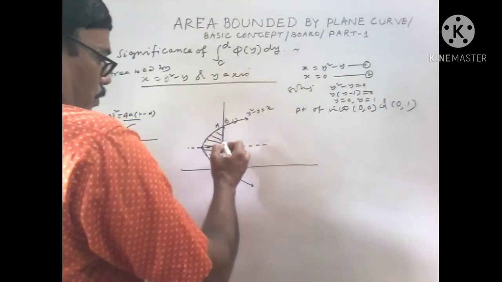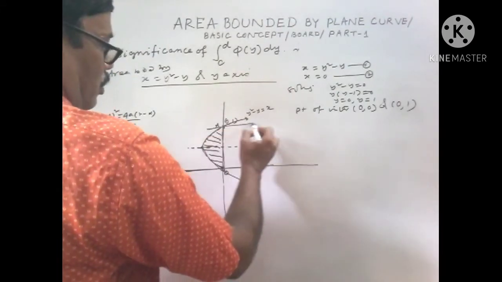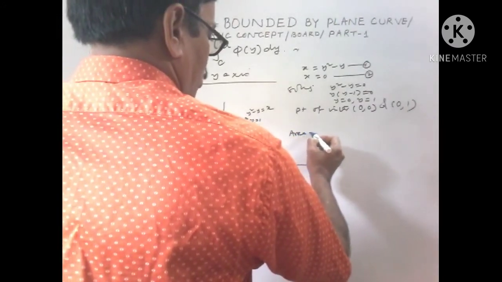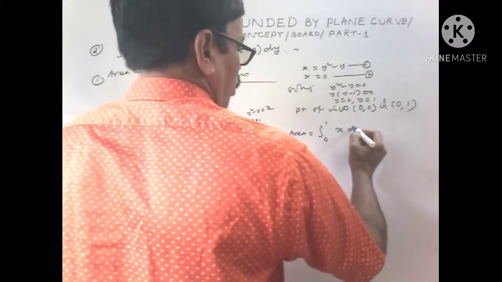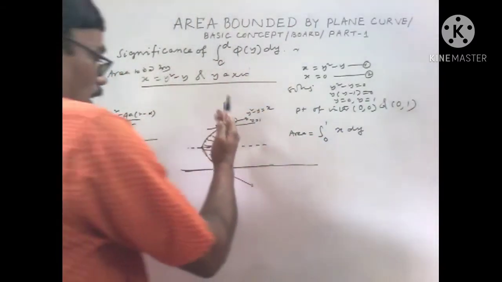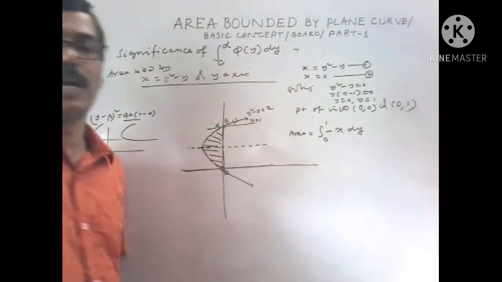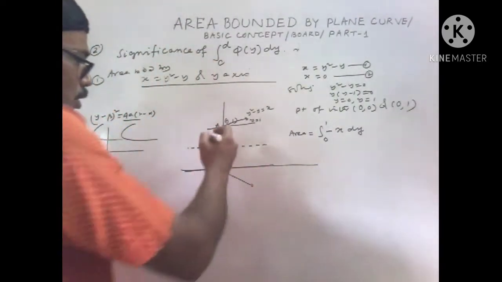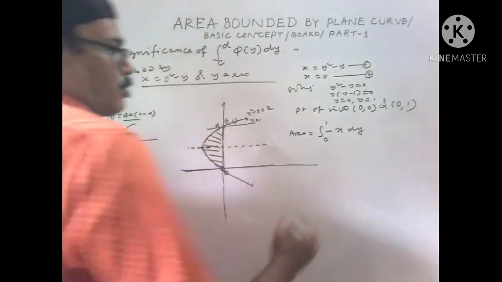So it is bounded by the y-axis, y equals 0 and y equals 1. So area equals the integral from 0 to 1 of x dy. Now look again. It is to the left of the y-axis, so we have to take minus, otherwise the mod symbol. So we are drawing a real figure. So you take minus x.